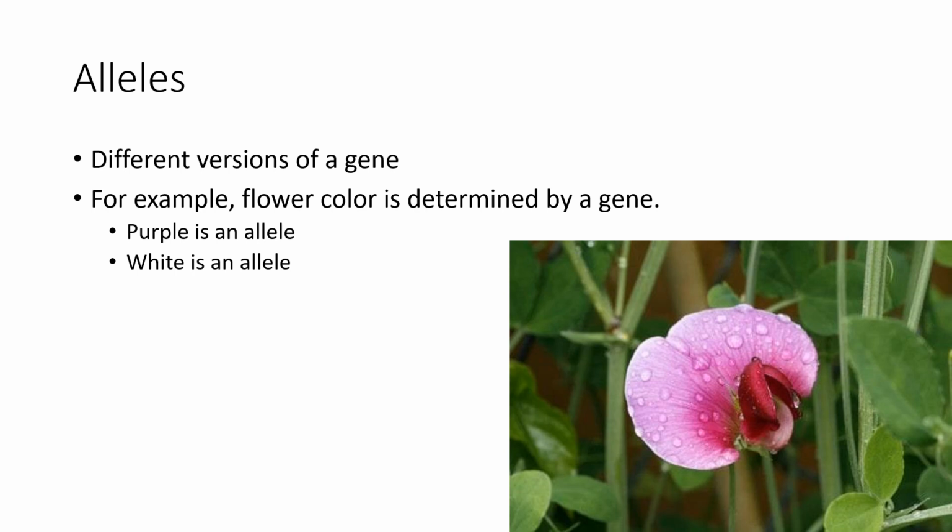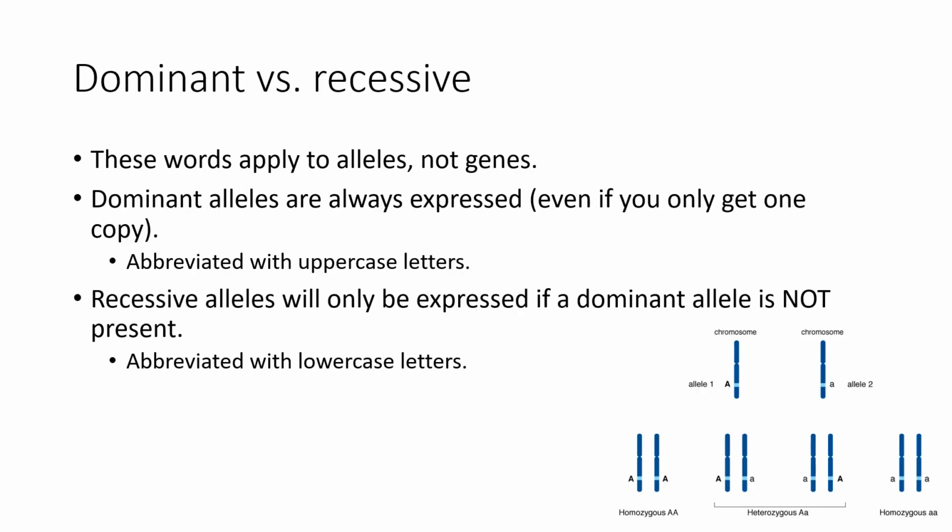Alleles are those different versions of that gene for eye color, and so pea flowers work the same way. Flowers can be purple or white, so purple is an allele for the gene that is flower color, and white is an allele for the gene that is flower color.